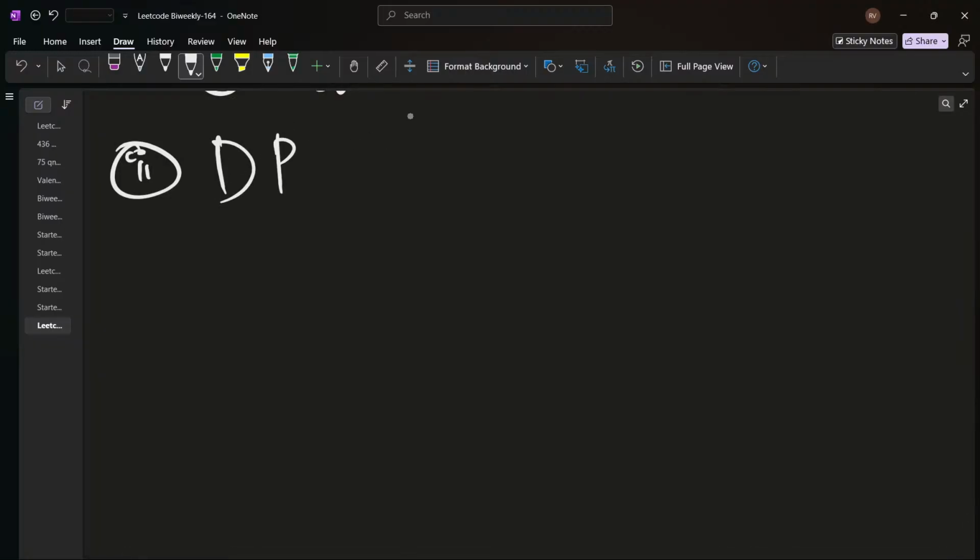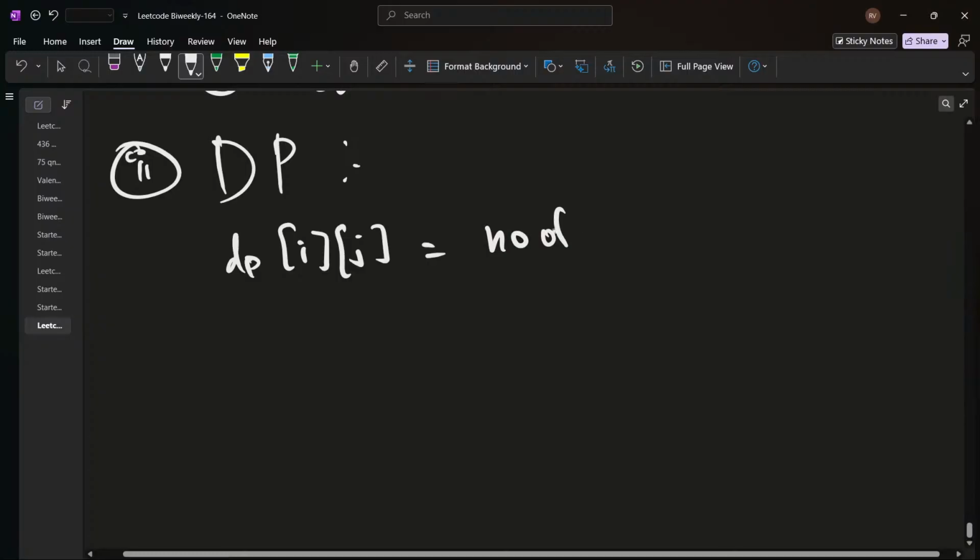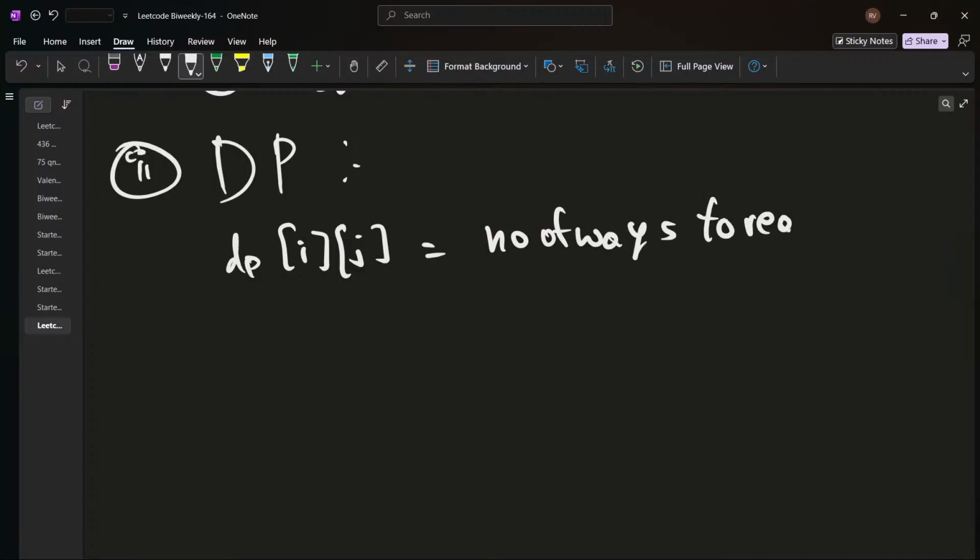Now I'll set up the DP. DP of i, j, a 2D DP, is equal to the number of ways to reach (i, j).